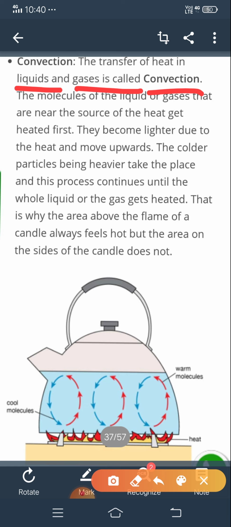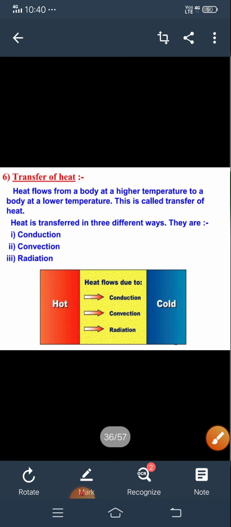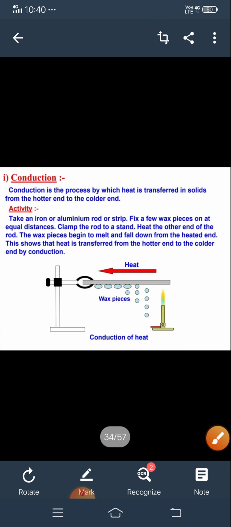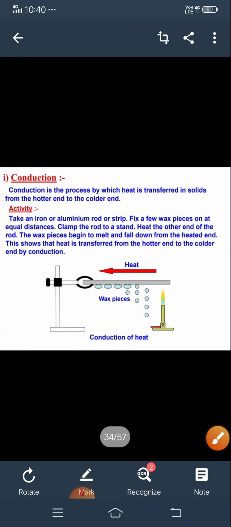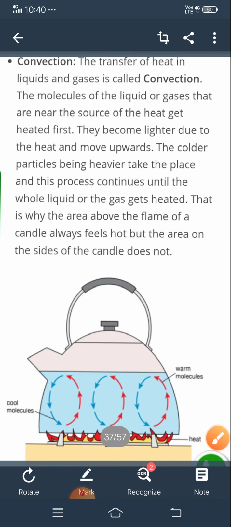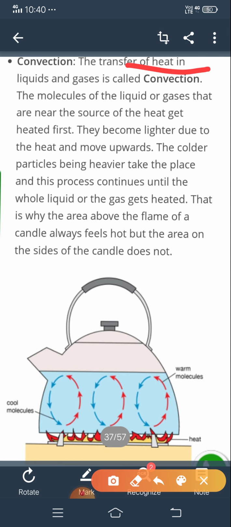The transfer of heat in solids from the hotter end to the colder end we already discussed is known as conduction. Next, convection means the transfer of heat in liquids and gases.